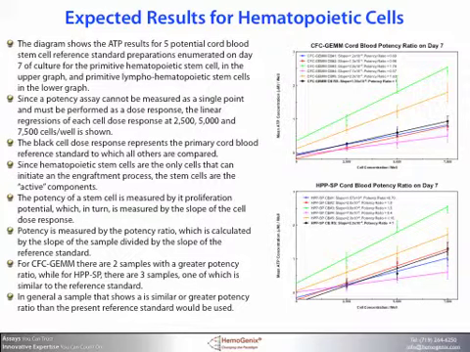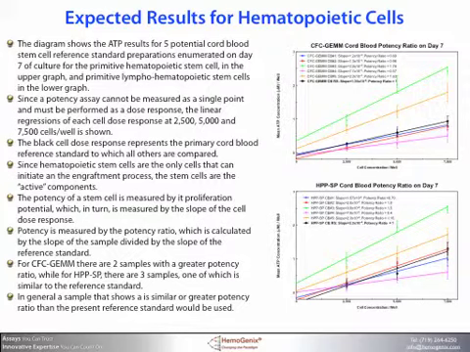Since a potency assay cannot be measured as a single point and must be performed as a cell dose response, the linear regressions of each cell dose response at 2500, 5000, and 7500 cells per well is shown. The black cell dose response represents our primary cord blood reference standard.